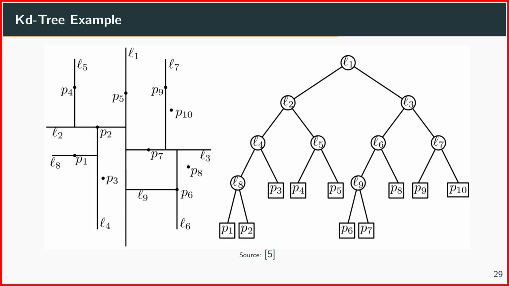So half of the points are either to the left or on the line, and half of the points are to the right. And then once you have subdivided it by L1, you subdivide it again by L2 and L3. Those are the horizontal lines here, L2 and L3. They again subdivide the space into all the points which are half of them below or on and half above. And the same here for L2. And then you do that recursively until you have only one point in each of those small boxes here.